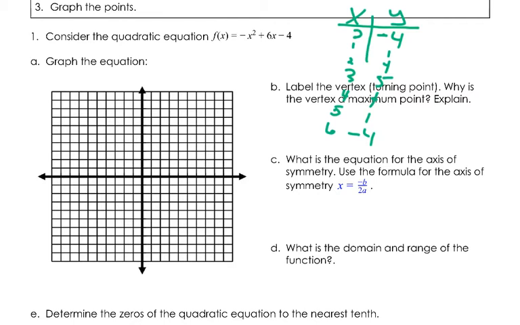Some things you might be noticing is, well, this is our turning point, and everything around it on our y values should be matching up. 4 and 4, 1 and 1, negative 4, negative 4.